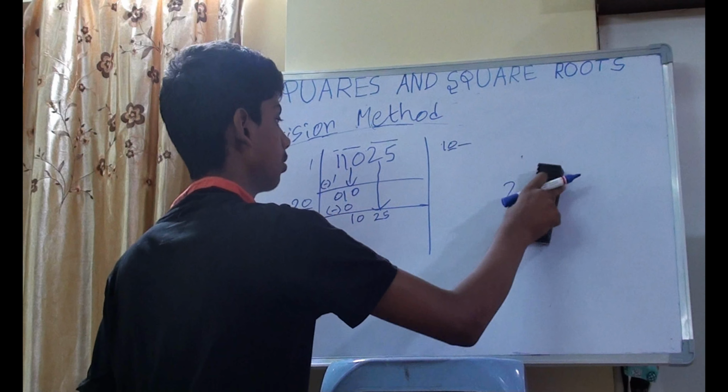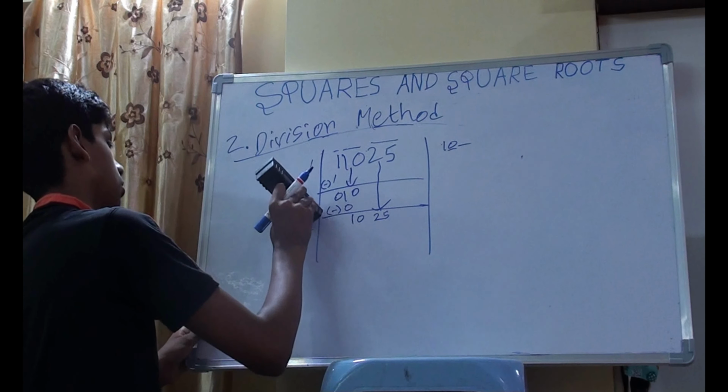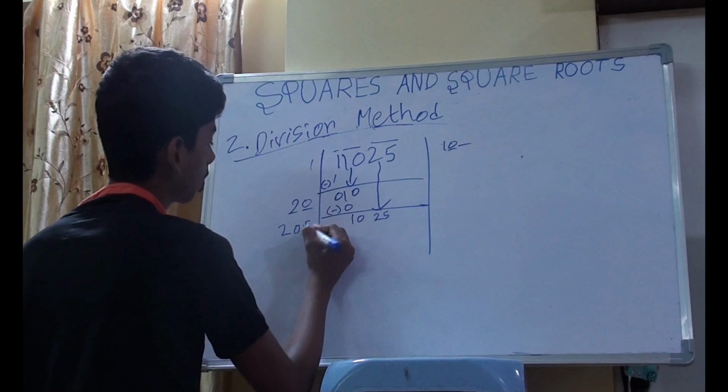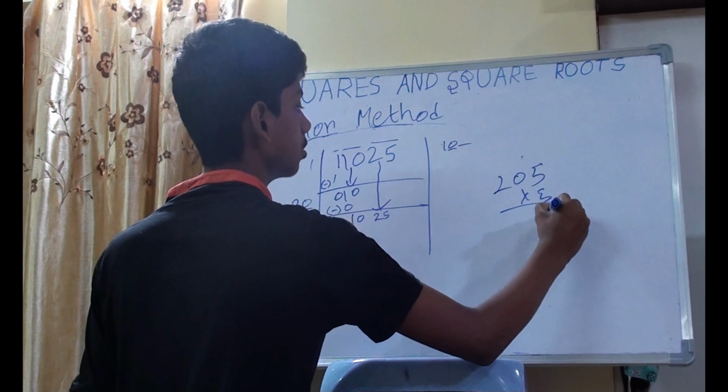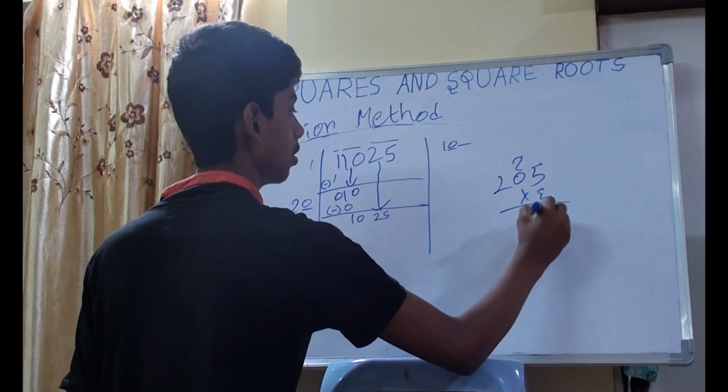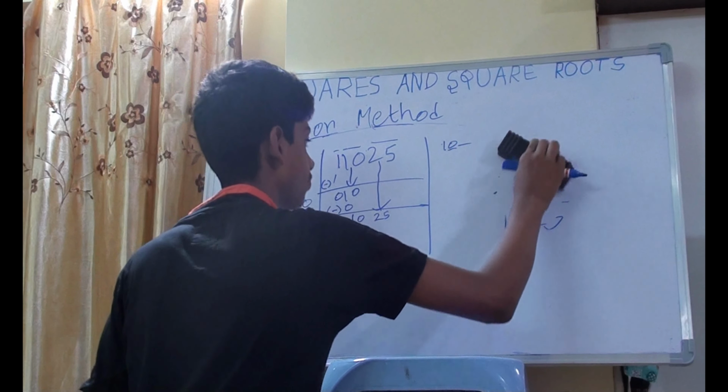It isn't that close. So the answer would be 5. 205. So 205 times 5 equals 1025.